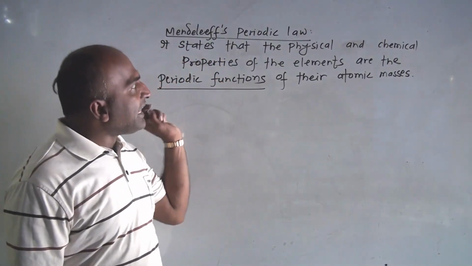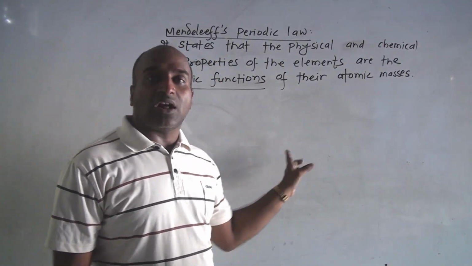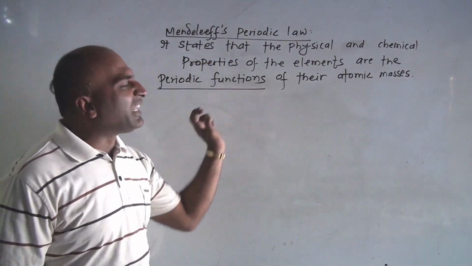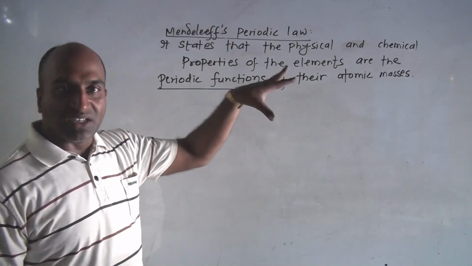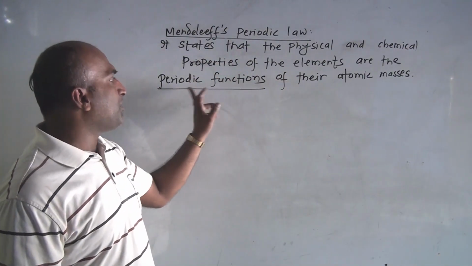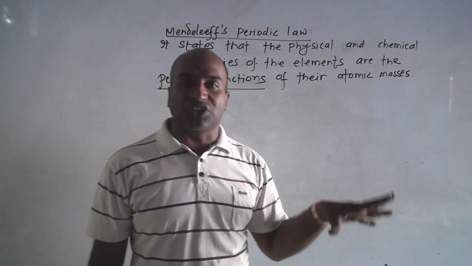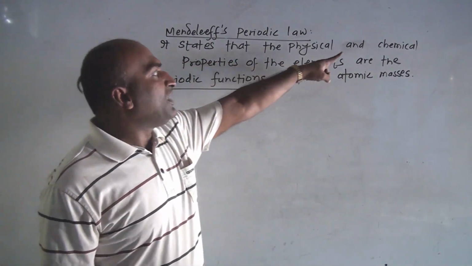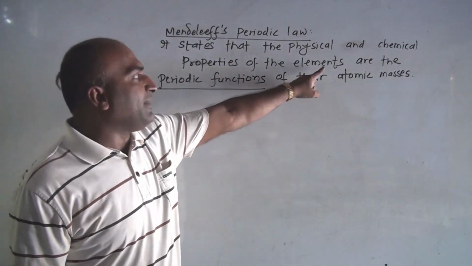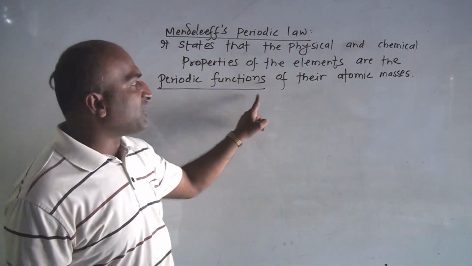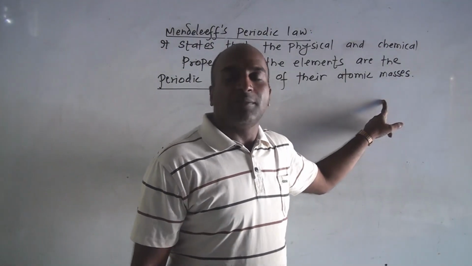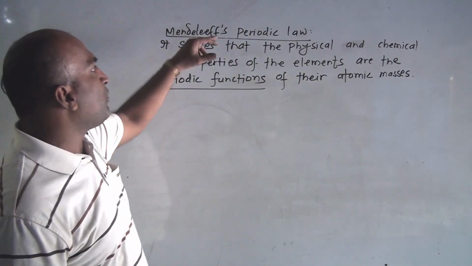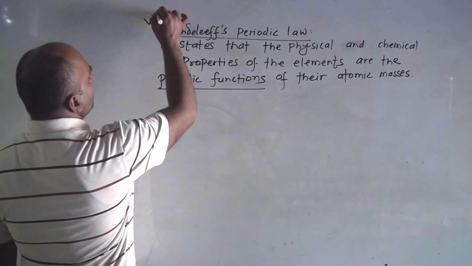When elements are arranged in increasing order of atomic weight or atomic masses, the properties of elements get repeated, according to Dmitry Mendeleev. That's why the word periodic function, or periodicity, is used here. You can remember this, and for class 10 this point is very important.